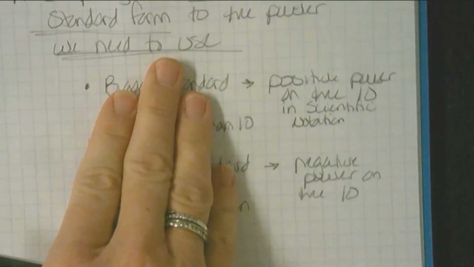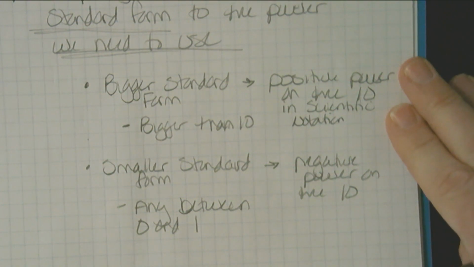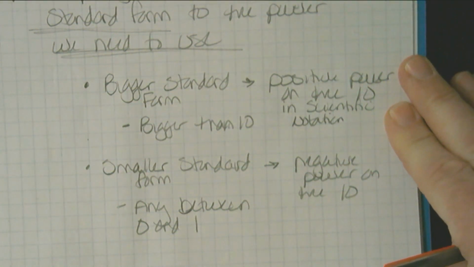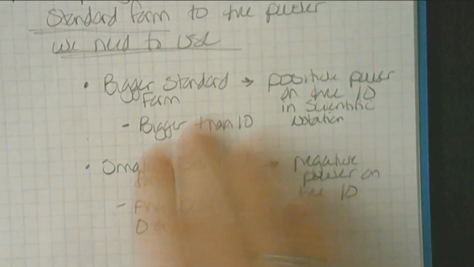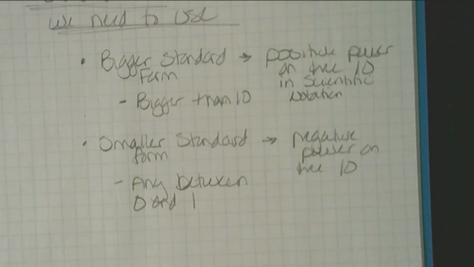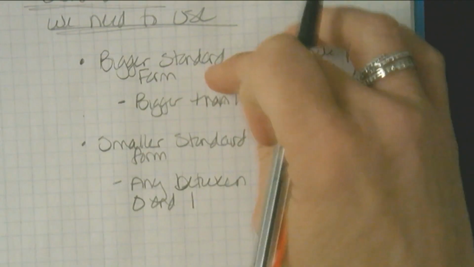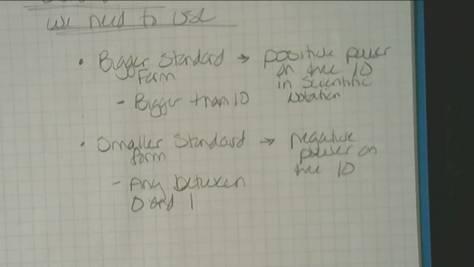So if standard form is really big, our scientific notation number is going to have a positive power on the 10. So really big means anything bigger than 10. Because as Colin asked yesterday, what happens if our standard form number is already like 3.56 or something? Well, that doesn't apply. I don't need to write that in scientific notation. It's not really, really big or really small.